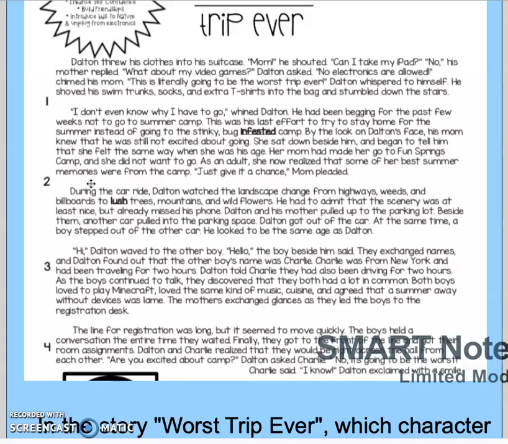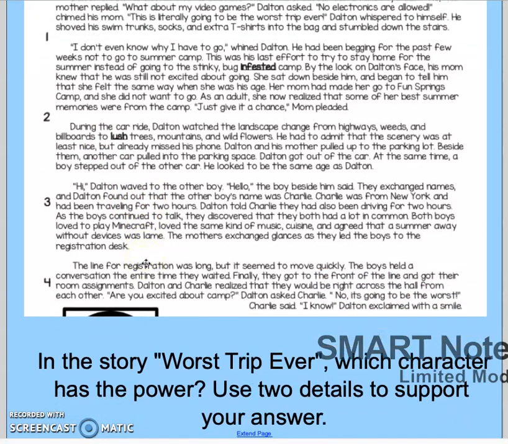As the boys continued to talk, they discovered that they both had a lot in common. Both boys loved to play Minecraft, loved the same kind of music, cuisine, which is food, and agreed that a summer away without devices like iPads and phones was lame. The mothers exchanged glances as they led the boys to the registration desk. So look, he's made a friend. The line for registration, that means like when you register, you're kind of signing up.